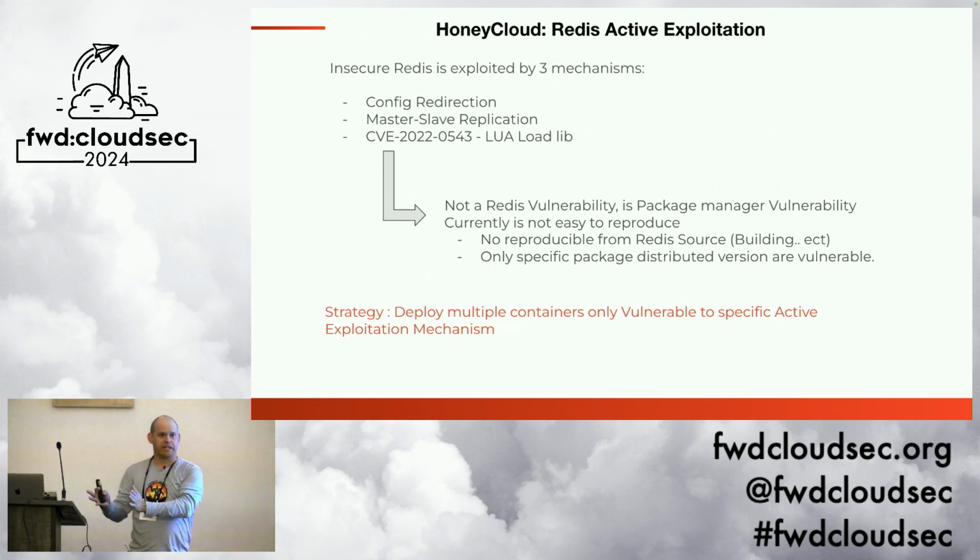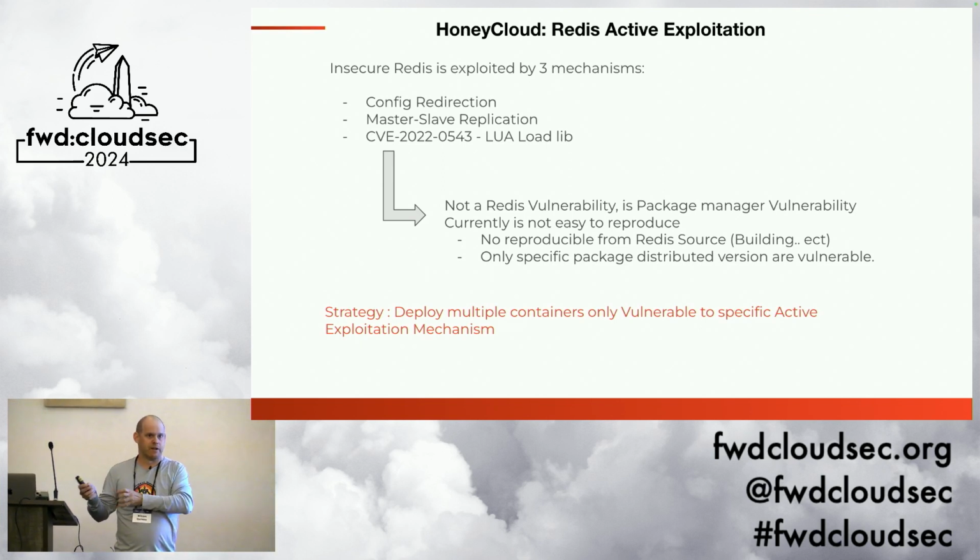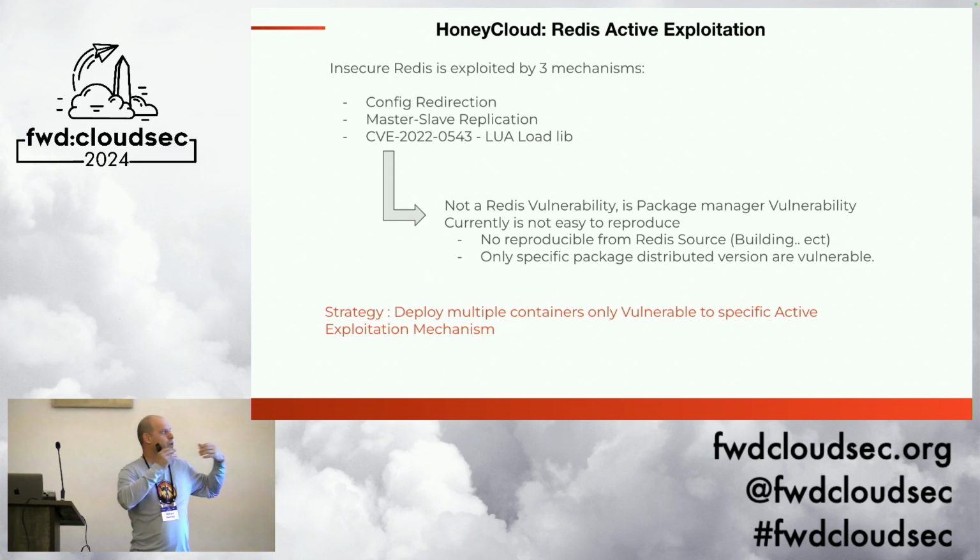These are unique containers, very well configured so that each is vulnerable to only one. The interesting part about this CVE is that it's not a Redis vulnerability. It's a package-managed vulnerability, so you cannot reproduce it by compiling the Redis source code.